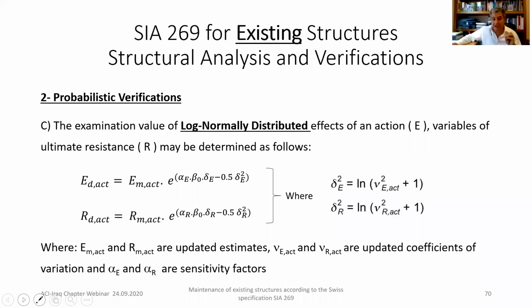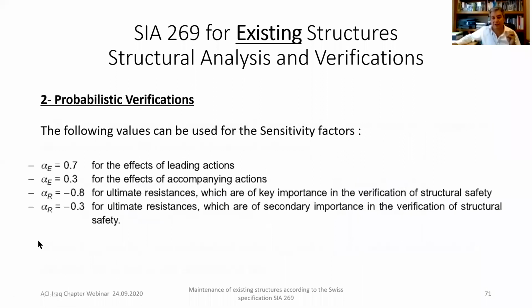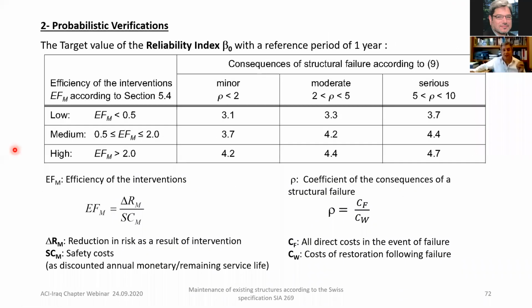I want to show you what beta 0 means. This is one of the values proposed by ACI 269. I do not have much time to explain, but beta zero is the reliability index, the target reliability index. What does it mean exactly? It means how much you rely on your infrastructure, on this bridge, this tunnel, or this slab.